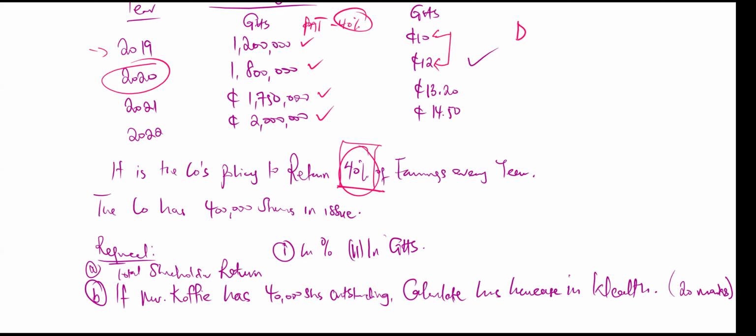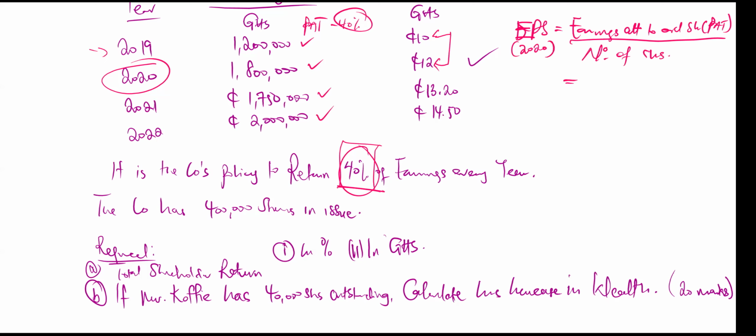So now I'll use 2020. My earnings per share that year will be my earnings attributable to the ordinary shareholders, which we've been given already, the same as your profit after tax, divided by the number of shares outstanding. Now for 2020, the earnings was 1.8 million, true or false? True. How many shares were outstanding?